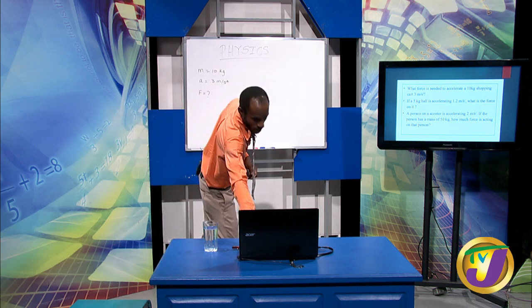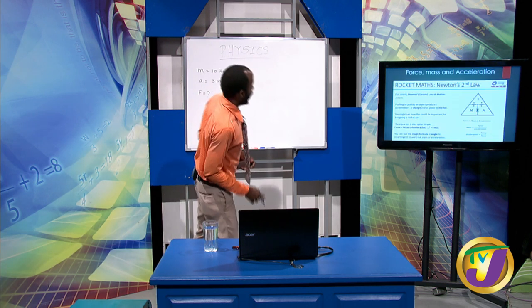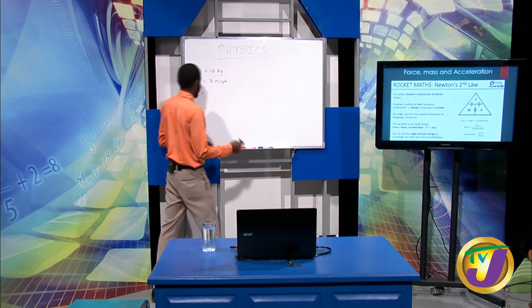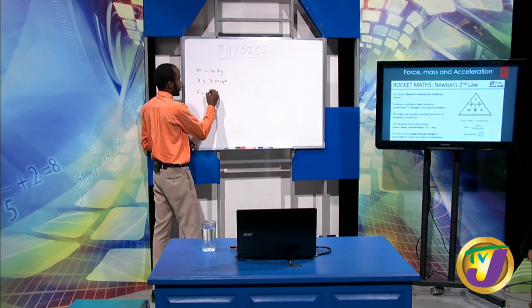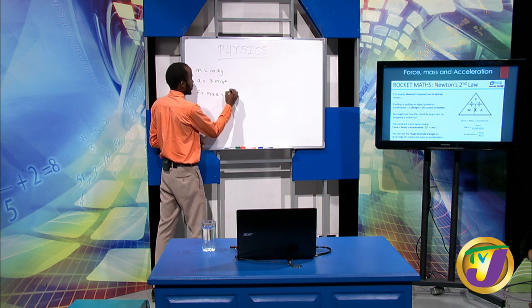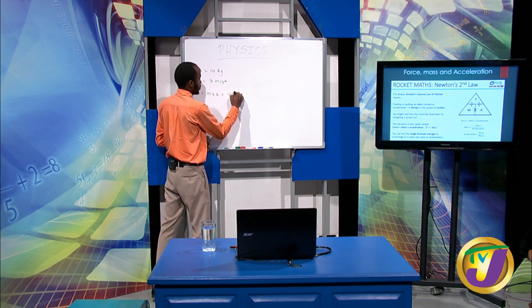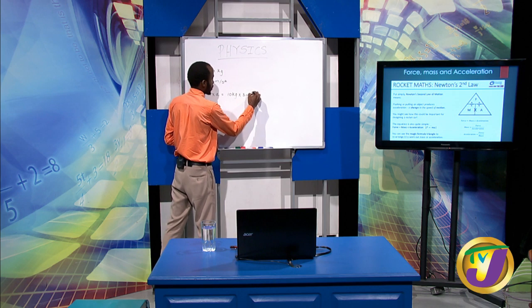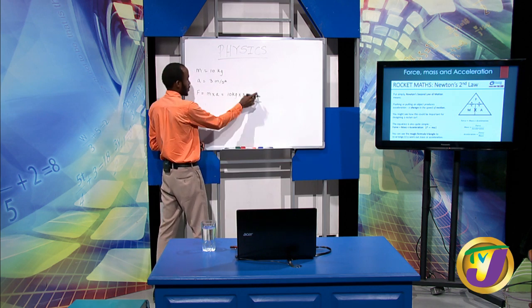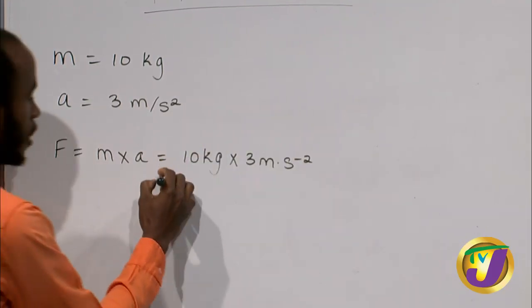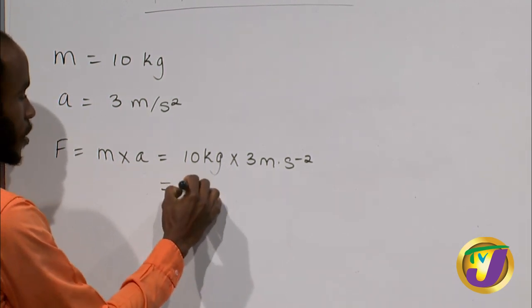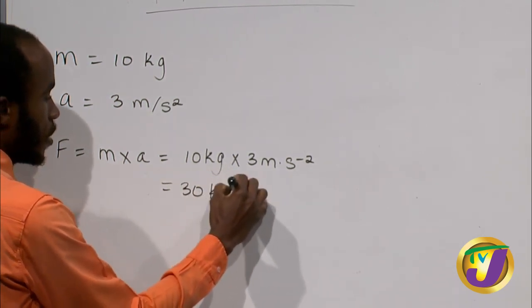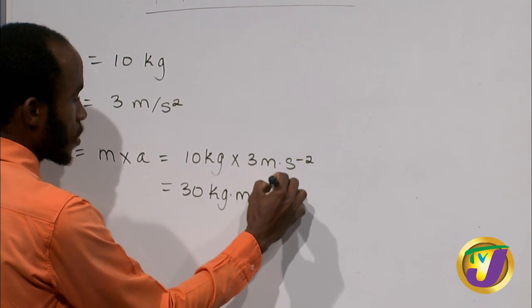Now, if we go back to the equation in the triangle, we see that force is simply mass times acceleration. So we put the 10 kilograms with the 3 meters per second squared. That gives us 30 kilogram meters per second squared.